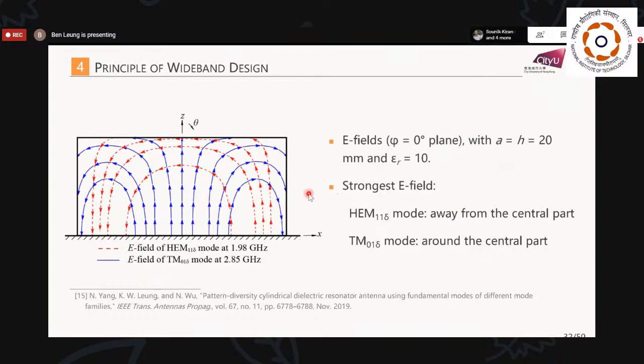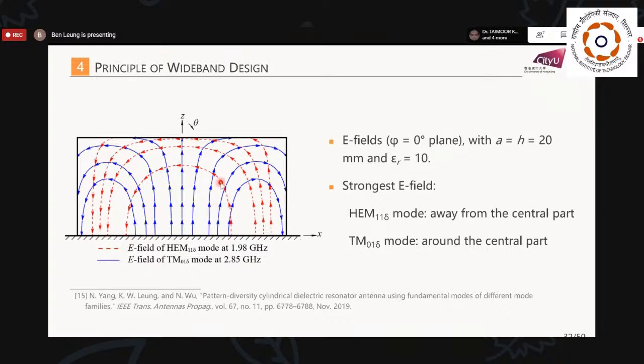Now, to solve the problem, that means to obtain the same frequency for the two fundamental modes, we analyze the field inside the DRA. For the HEM11δ mode, which is represented by the red dotted line, the field is like this, as we can see clearly here. For the fundamental TM01δ mode, which is represented by the blue line, the field is like this.